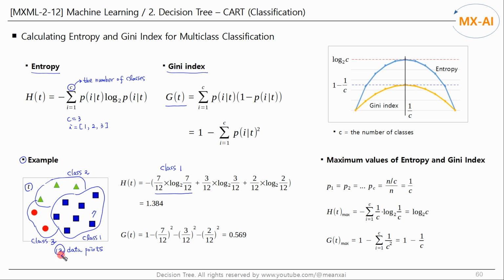Since 7 out of 12 data points belong to class 1, this gives us the following result. We then repeat the same process for class 2 and class 3. By summing these values, we obtain the total entropy of the node, which is 1.384. Using the same data, the Gini index can be calculated, resulting in a value of 0.569.